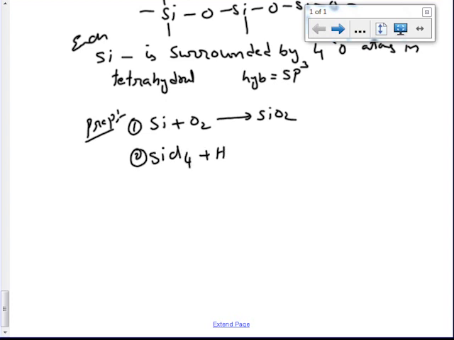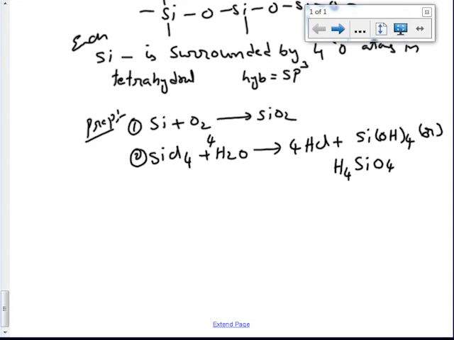Silicon tetrachloride on hydrolysis, 4 molecules give 4 HCl going out, and the remaining is Si(OH)4. This can also be written as H4SiO4. This is called orthosilicic acid.